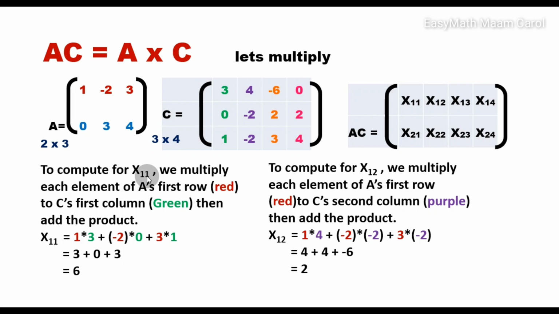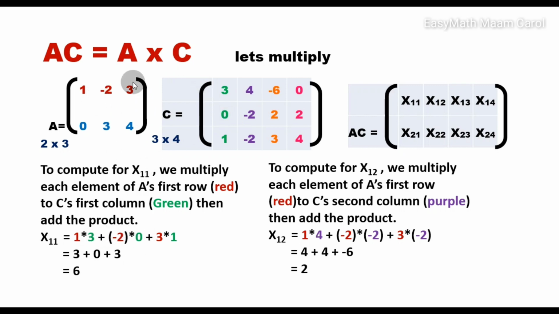So, ito na yan ha, isa-isa. To compute for x11, we multiply each element of A's first row, which is in red, with C's first column, which is green. Color-coded. And then, hindi lang yun ha, pagkatapos mo mag-multiply, you have to add the products. Yung 1, multiply mo sa 3. Yung negative 2, multiply mo dun sa 0.